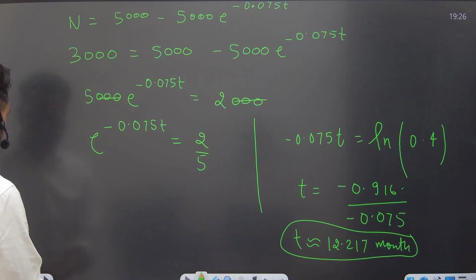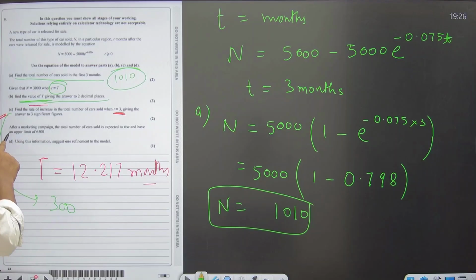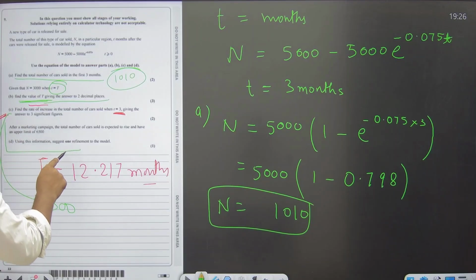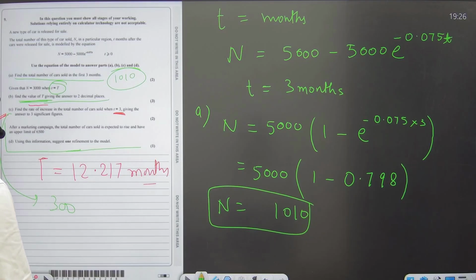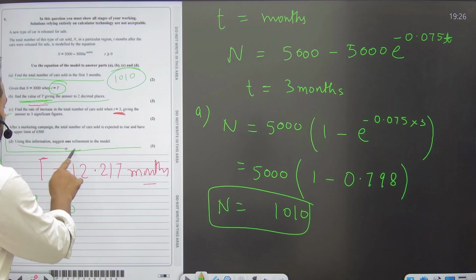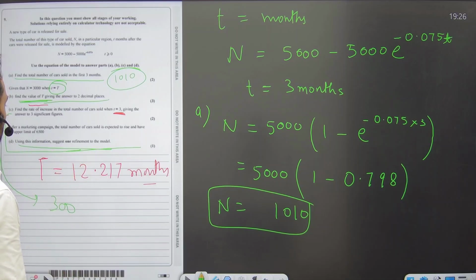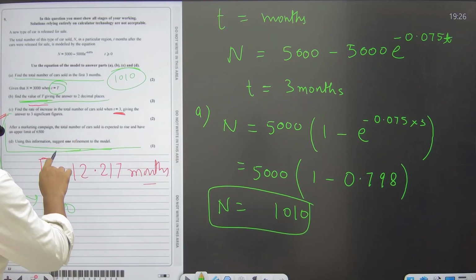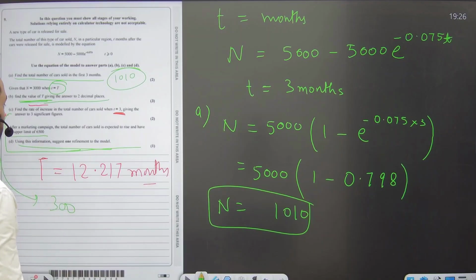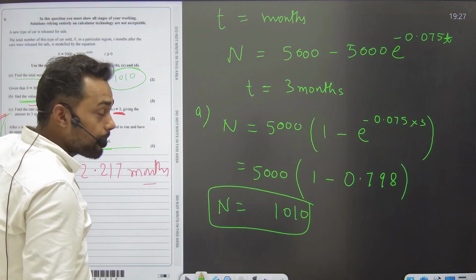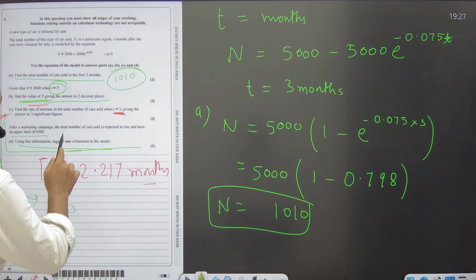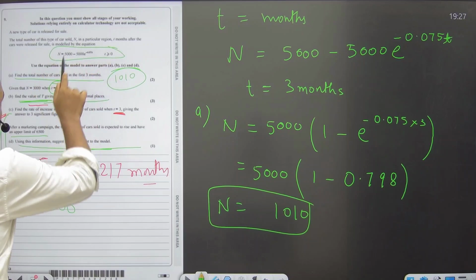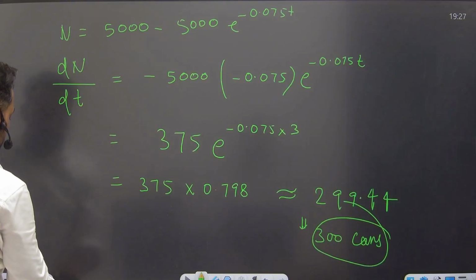Now the next part, student, is: after a marketing campaign, the total number of cars sold is expected to rise and have an upper limit of 6500. So using this information, suggest one refinement to the model. In the question they have told that the upper limit is 6500. So this was our original expression, again I will be writing that particular expression.